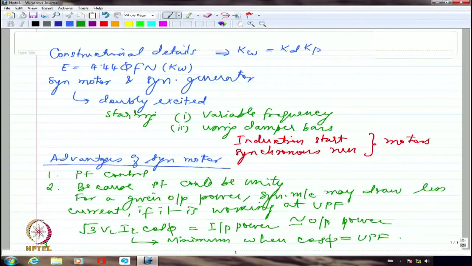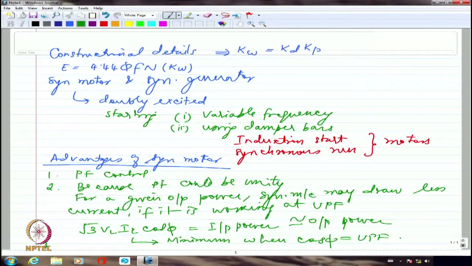Whereas in induction machine, I can't afford to increase the air gap, because the more I increase the air gap, the leakage will increase, the power factor will become worse and worse. It is going to make the power factor much worse.